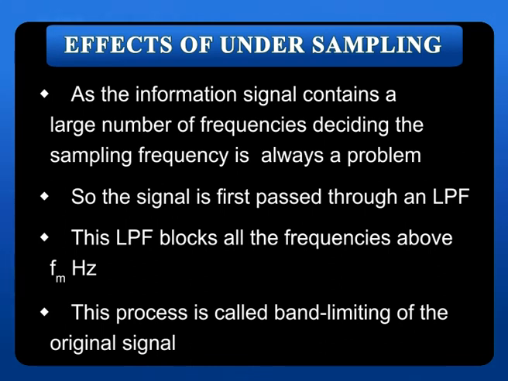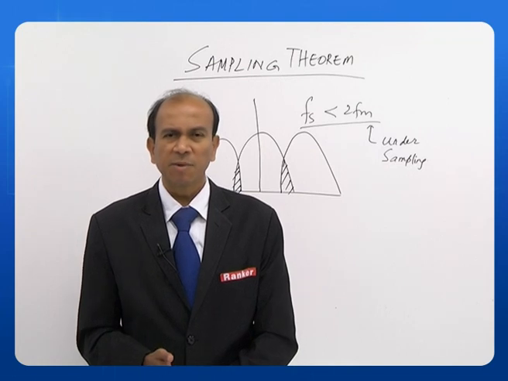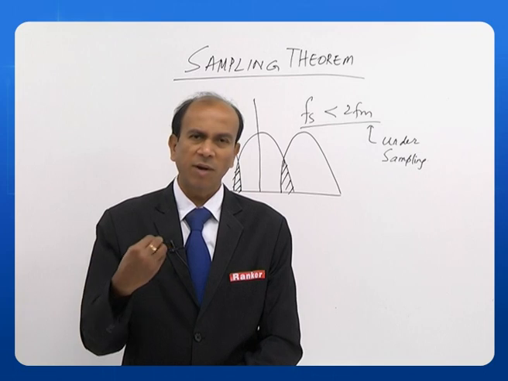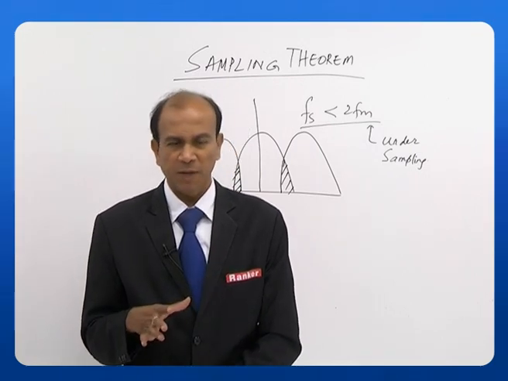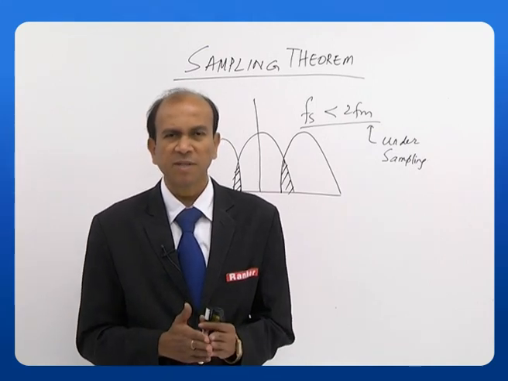Let us read this again. As an information signal contains a large number of frequencies, deciding the sampling frequency is also a problem. The more frequencies you have, the more difficult it becomes to decide the sampling frequency. So, the signal is first passed through a low pass filter.